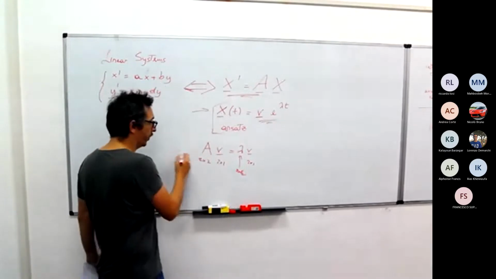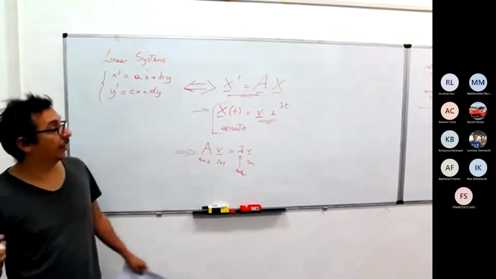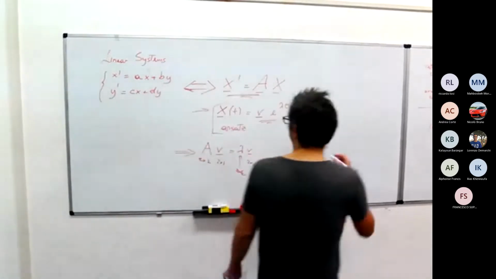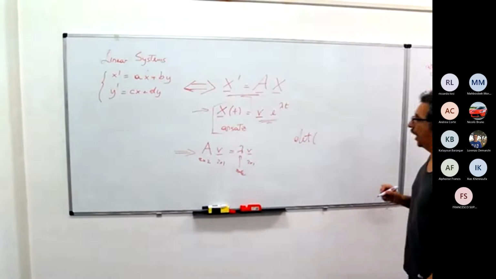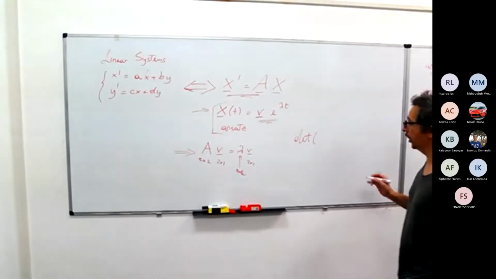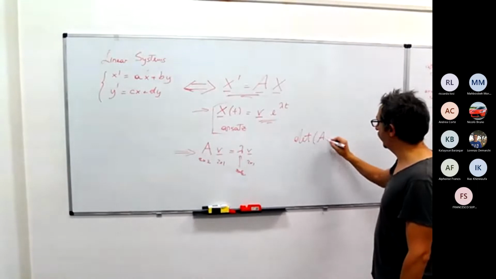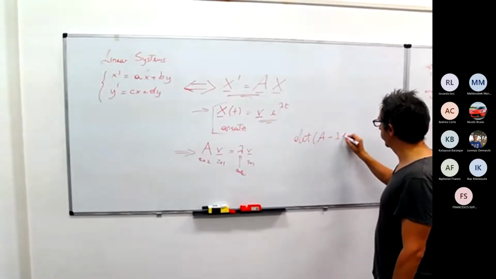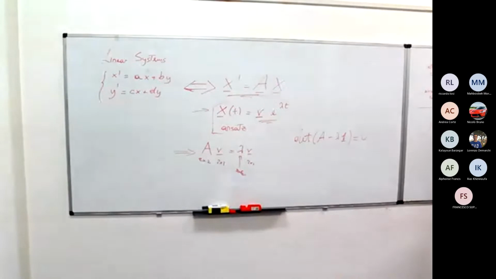How do you solve the eigenvalue problem? Well, in order to find the eigenvalues, what you can do is solve the equation for the determinant of A minus lambda identity equal to 0.